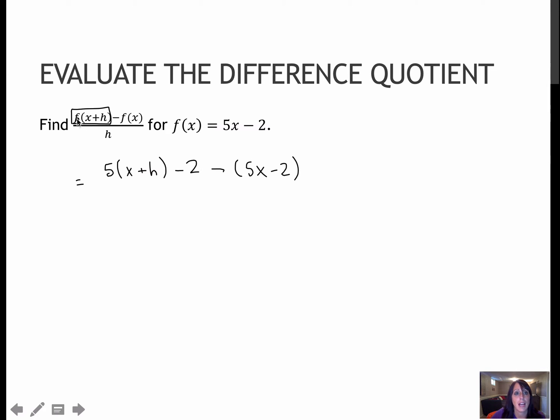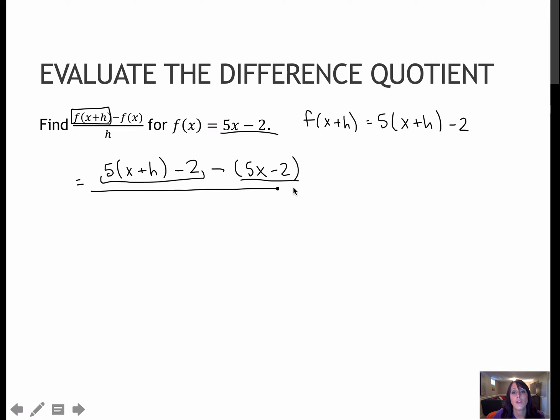So notice I've taken f of x plus h, so here I've replaced x with x plus h. So that's this value, and I'm subtracting f of x, which is this value. I'm putting all of that over h.